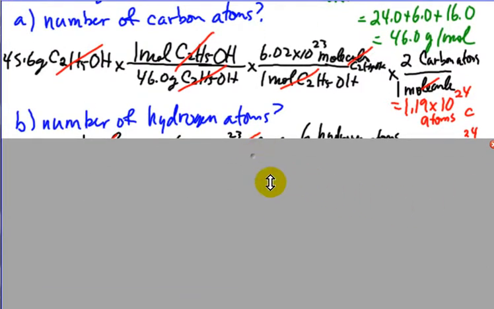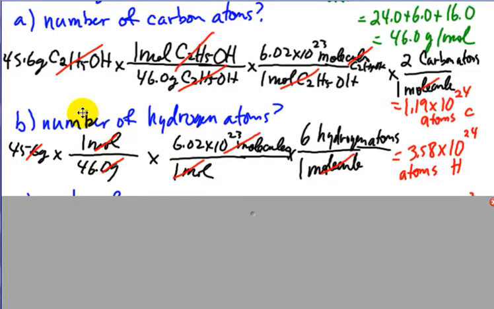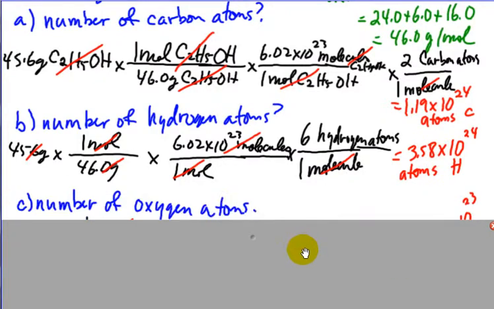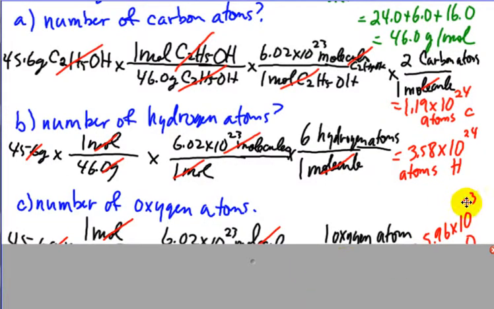Okay, if you had a chance to do that, every step is the same up until this point where we get to the end. Molecules of C2H5OH. For every 1 molecule of C2H5OH, there is, let's see, 5 plus 1, 6 hydrogen atoms. So there's our answer right there, 3.58 times 10 to the 24.